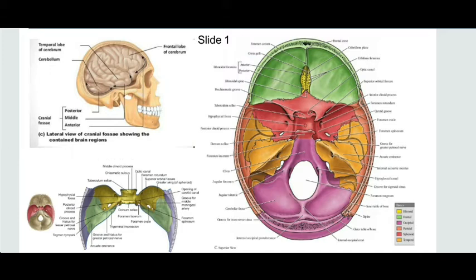As I have already mentioned, the lateral area of middle cranial fossa is deep and it lodges the temporal lobe of the brain.